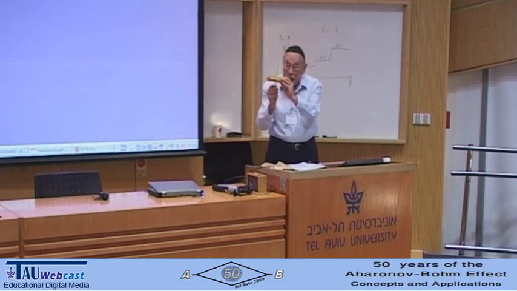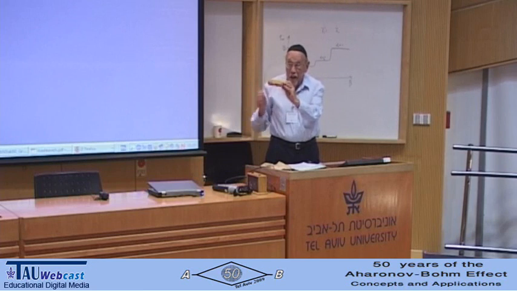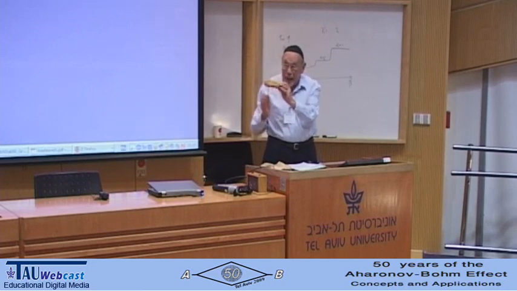Now, to see what's happening, please note where I'm holding the pencil. It's just in the middle of this circular path. In the case of the geometric phase, if you have this position, then indeed the phase is plus or minus pi.